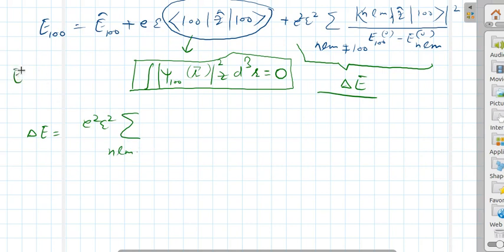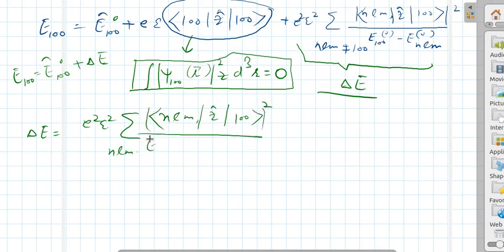This energy is equal to E100 naught plus delta E, because the first-order term will be 0. In the denominator we have E100 minus E n l m naught.